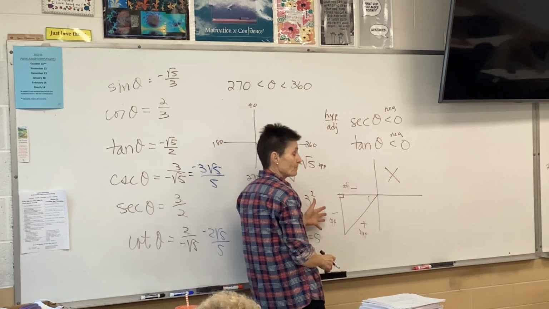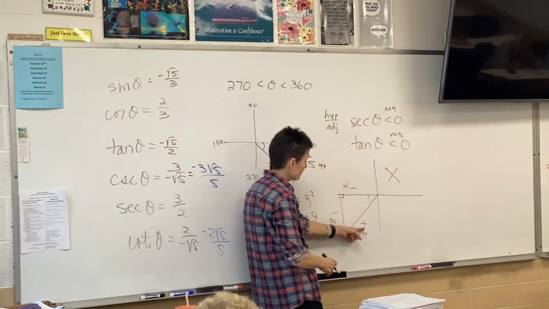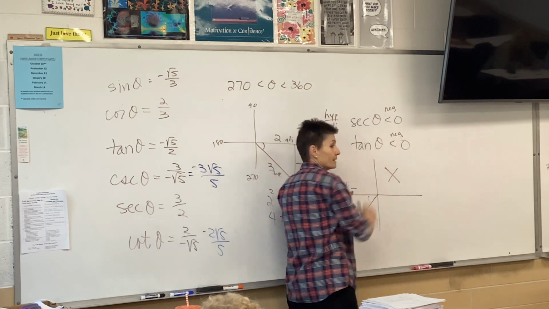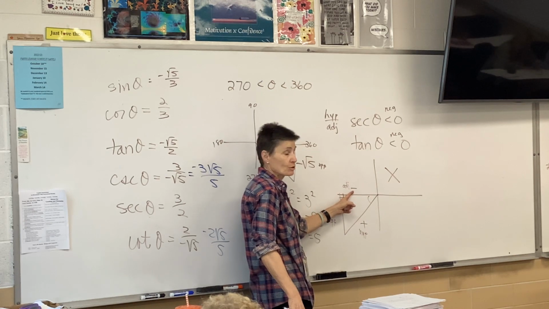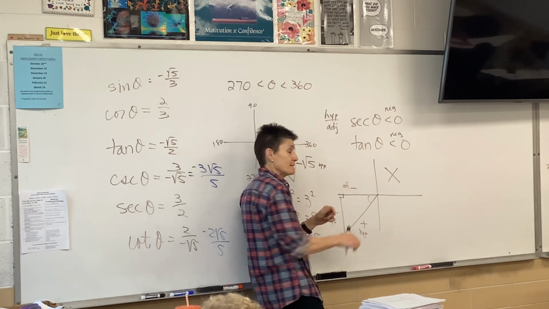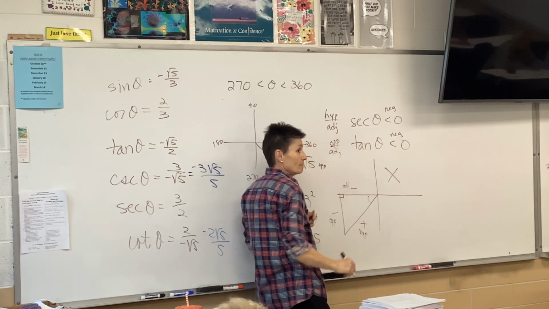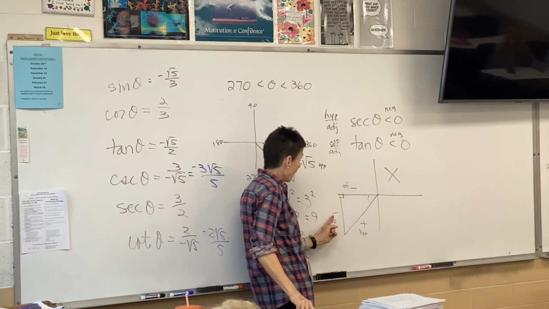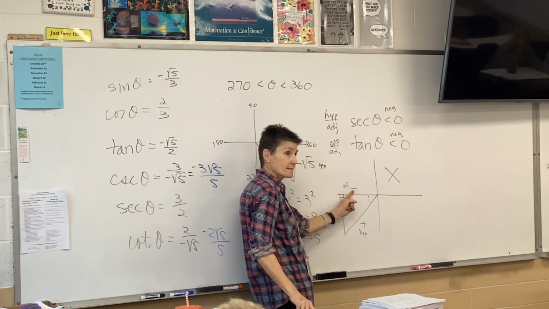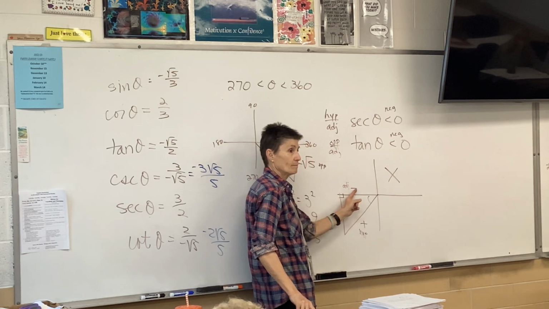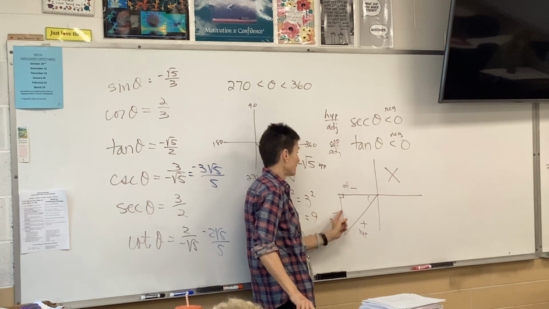All right, let's look at our picture. If I put hypotenuse over adjacent, will that fraction be negative? Yep, that works. All right, now tangent. What's tangent? Opposite over adjacent. So if I put opposite over adjacent, will that fraction be negative? Kids, what's negative over negative? Positive. Yeah, that doesn't work. So it's not this quadrant.